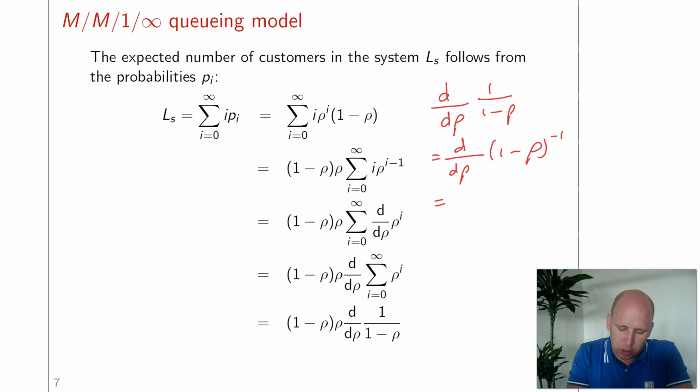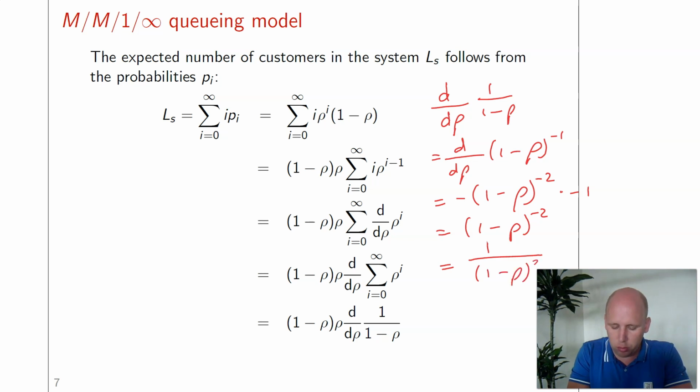And then we can use the chain rule. So we write the minus 1 in front, we subtract 1 from the power, and we multiply by the derivative of the inner part. So that's minus 1. And then the minus sign in front cancels out against the minus 1. So then we get 1 minus rho to the power minus 2. Or you can also say that it's 1 over 1 minus rho to the power plus 2.